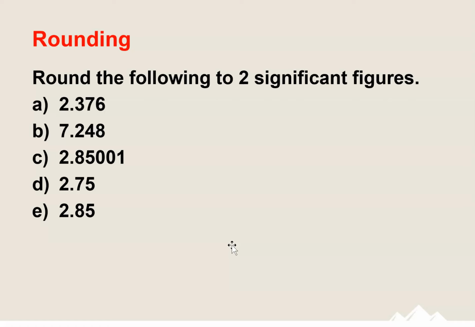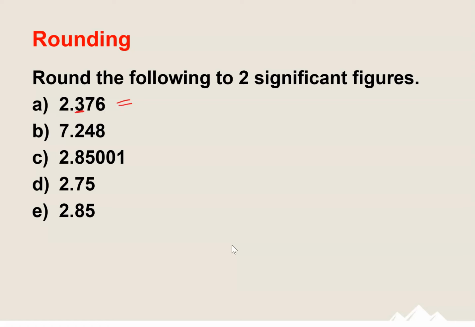So in the first example A, the question is to round it to two significant figures. In other words, we need it to stop at the second digit. The spirit of rounding is this. It is obvious that that number is between 2.3 and 2.4. Your job is to estimate which one it is closer to, 2.3 or 2.4.